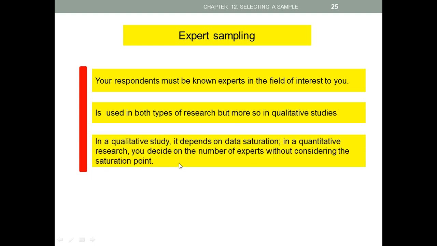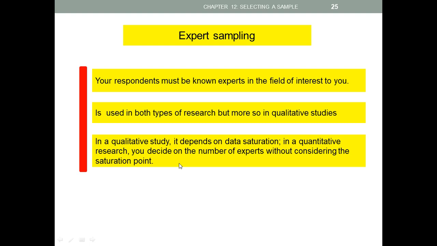So for expert sampling, if you conduct a qualitative study, it depends on data saturation. So how many experts are you going to recruit in your study? The answer is wait until after data have saturated. You talk to the first person, the first expert, second expert, expert number 5, number 10, number 20.